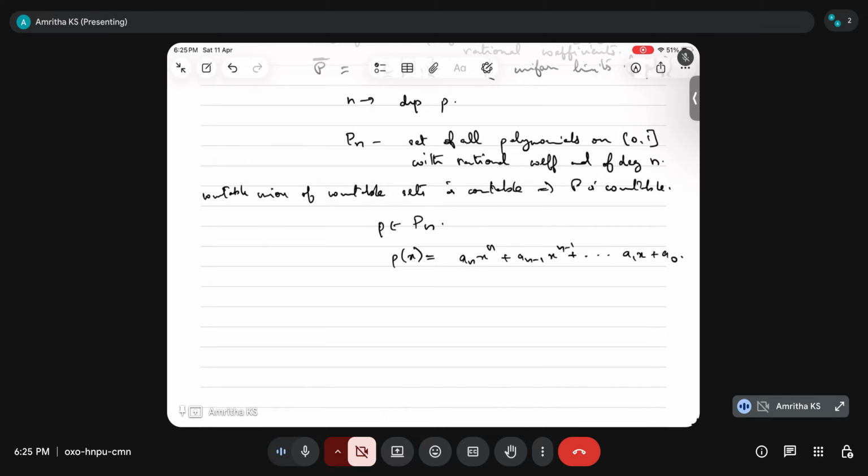Now see that there are n plus 1 rationals here, right? So I can define all the polynomials in Pn by deciding my coefficients, right? So I just need to pick some n plus 1 rational numbers and decide my polynomial.